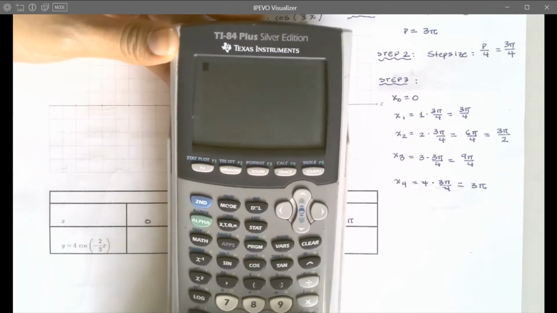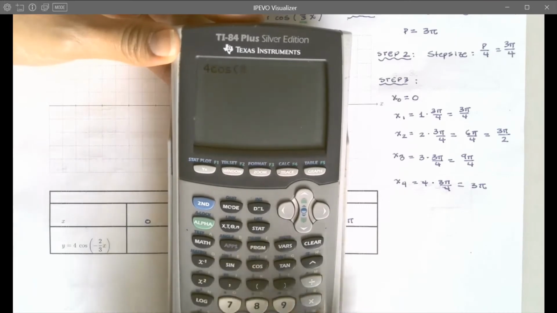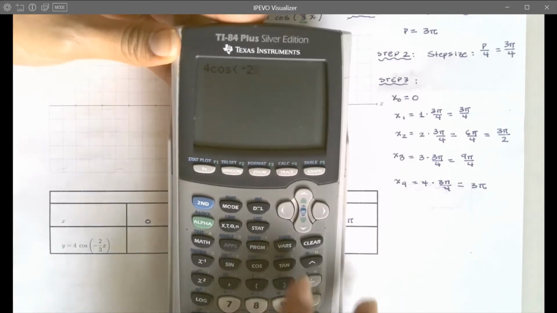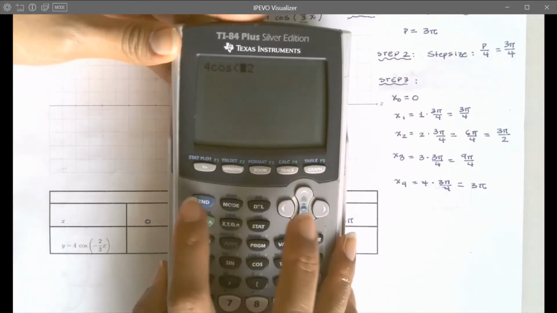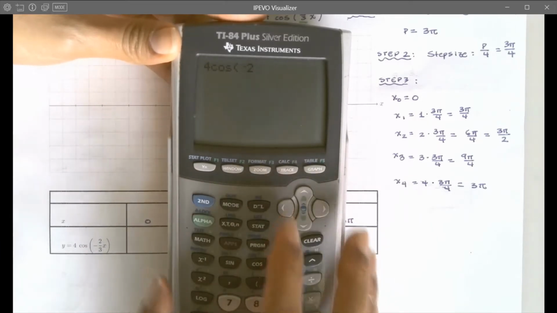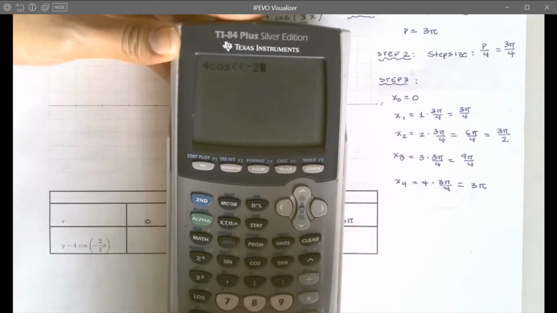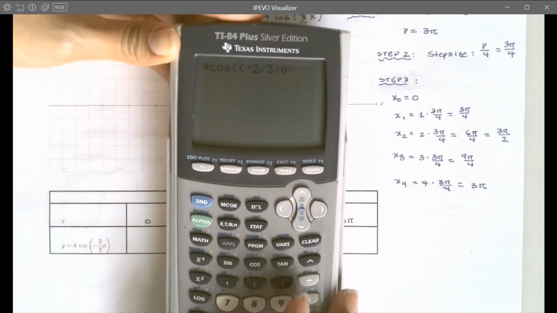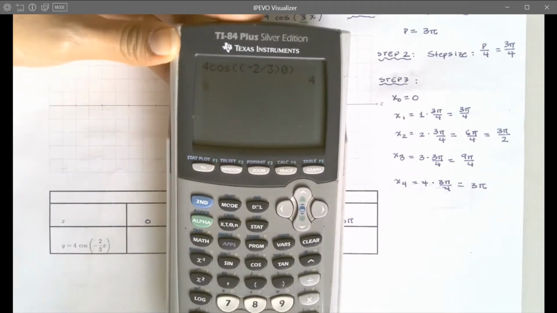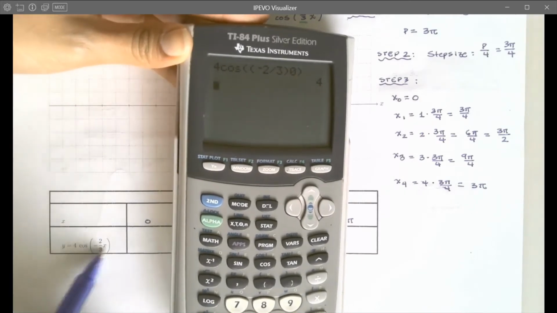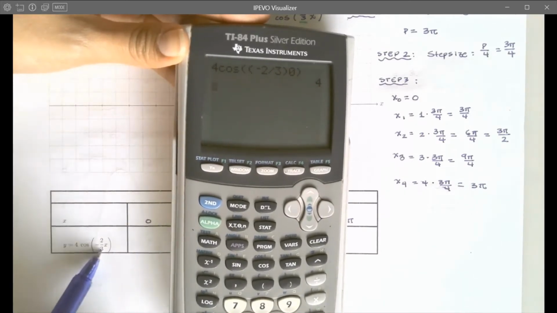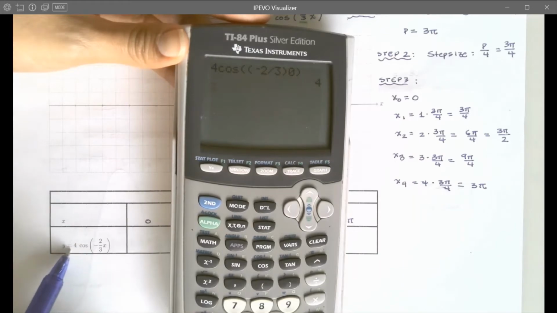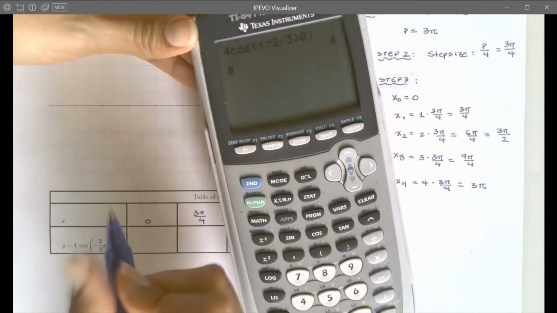So the first would be 4 times cosine of negative 2/3, and I'll make sure to include some parentheses in here. So negative 2/3 times 0, which is simply 4. Notice that makes sense because negative 2/3 times 0 is 0, cosine of 0 is 1, 4 times 1 is 4.